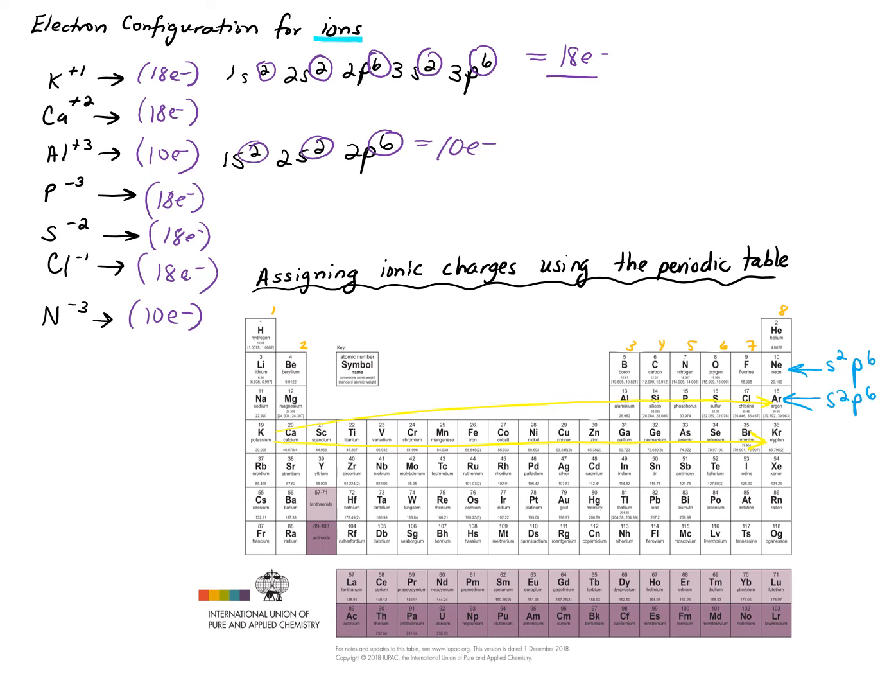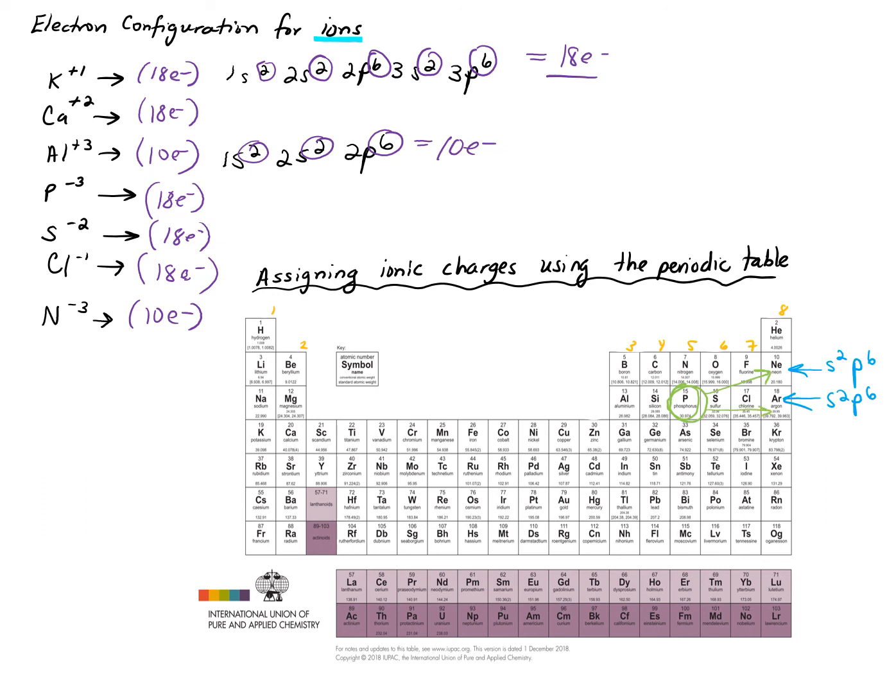Now I'm going to look at other elements in the periodic table. Let's check the ones that we have here. Let's check P (15). We have 10 right here. We have 18 right here.